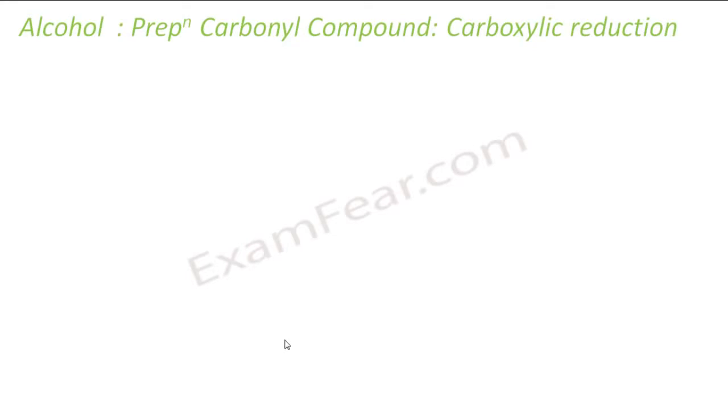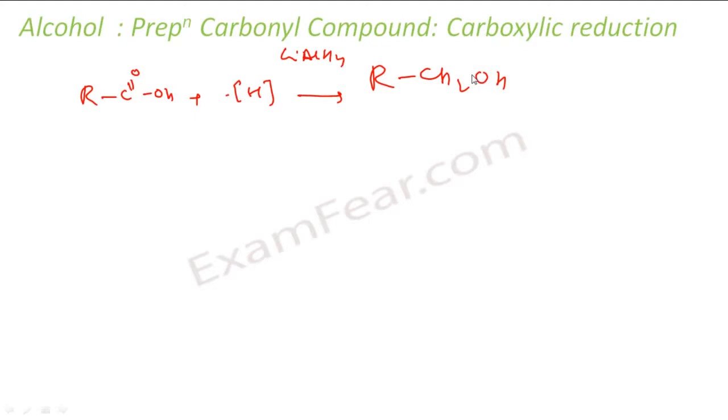The next is carboxylic acid reduction. It will follow exactly the same mechanism we have seen. So here if you see, I have my RCOOH, right? Same thing, I'll use H here. Instead of H, I use actually LiAlH4 or NaBH4. I get RCH2OH. Same reaction, a nucleophilic addition reaction here.